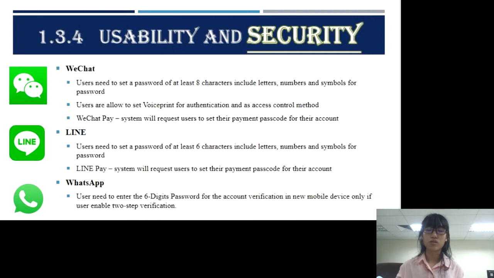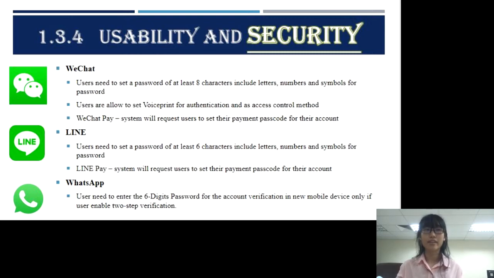This is because the payment passcode strengthens the security protection of the account, as it links the bank account with the social media application for the users.